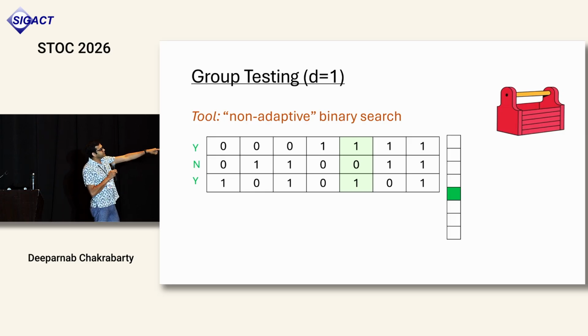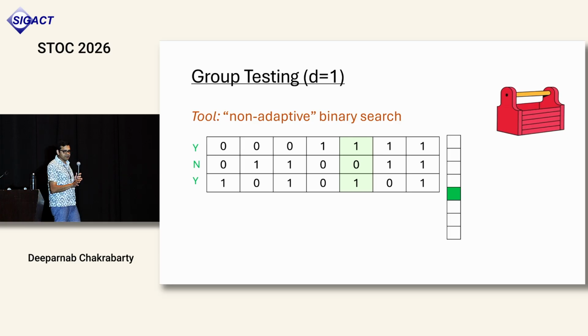If the fifth column is 1, 0, 1, the first test will say yes, because that hits the subset, the second will say no, and the third will say yes. You just convert the answer pattern into decimal and it tells you which coordinate has the 1. If you've not seen it, it's a pretty cool trick. In log n queries, you can get it. So for d equal to 1, you have a very simple non-adaptive optimal algorithm, which is the best of all possible worlds.